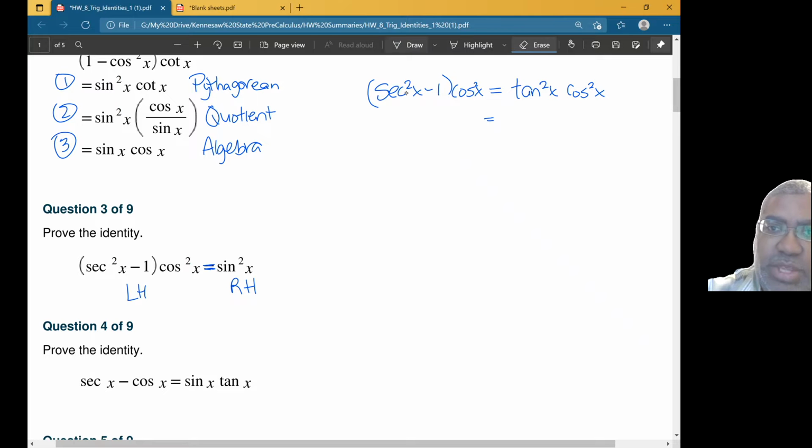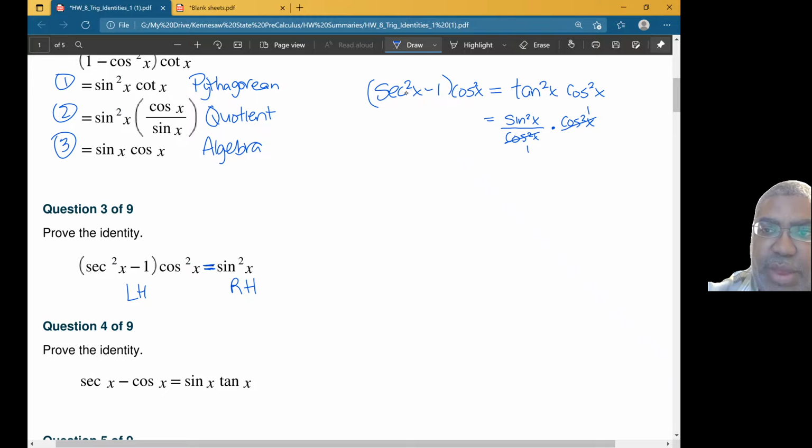Tangent squared x is sine squared x divided by cosine squared x, and we are multiplying by cosine squared x here. Denominator, numerator, both become 1.